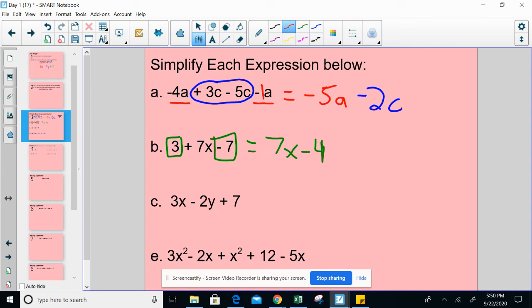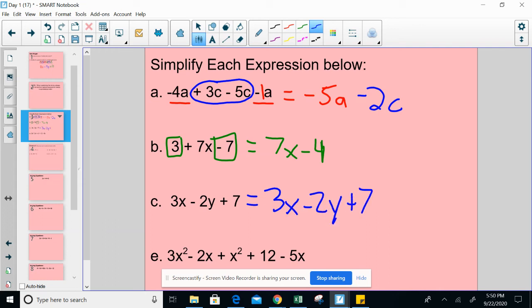As you can see, you got 3x. So do we have any other x terms? Nope. Do we have any other y terms? Nope. Do we have any other numbers? Nope. So right there you can see, I just want to circle them to show you, sometimes we won't have like terms. Sometimes that's it. Sometimes you don't have to simplify it. So it's up to you how you want to do this. If you just want to go like this and rewrite it, that would work.